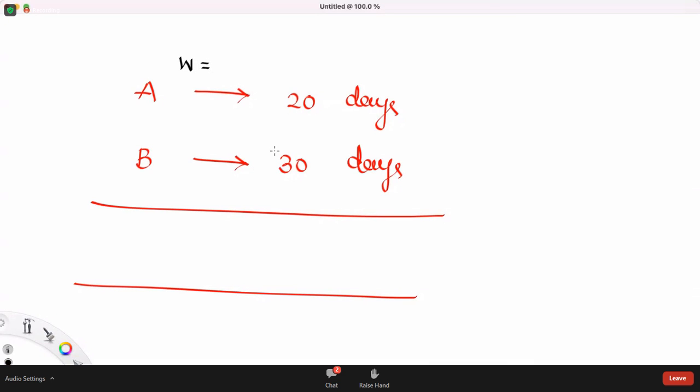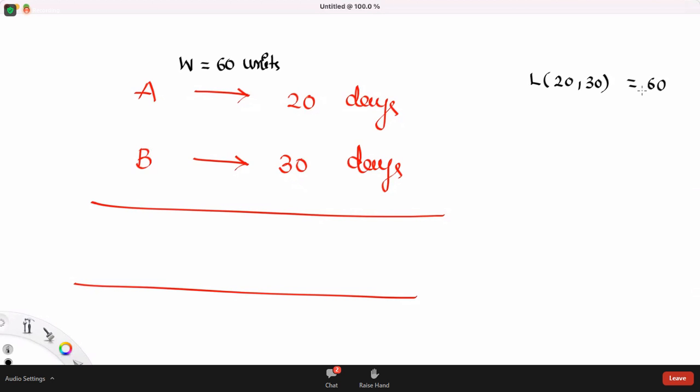What are the two numbers? 20 and 30. So I'm assuming that the total work is 60 units. This is my assumption. Why 60 units only, sir? It is 60 units because I'm just taking a common multiple of 20 and 30. You can take anything, but if you take a common multiple, it would be easy for you to solve the question. That's the reason I'm taking a common multiple of these two.